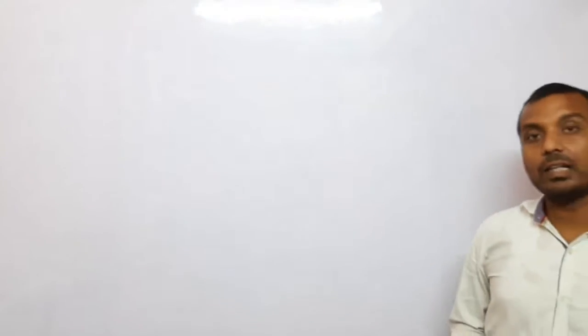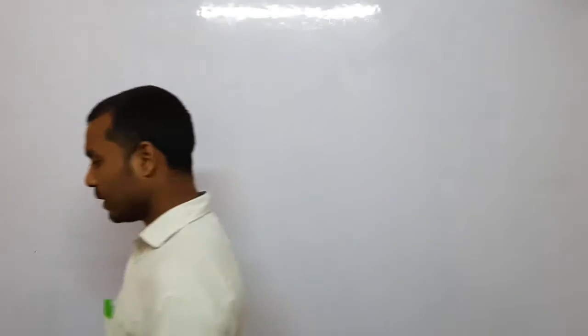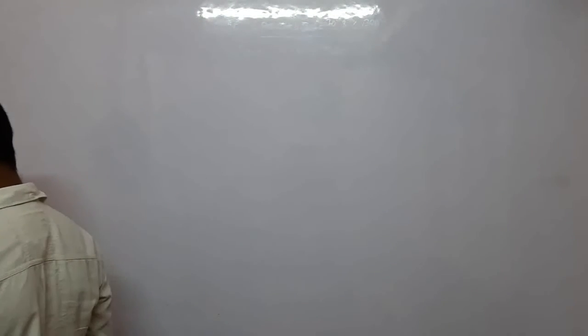As you all know, we have discussed linear equations in two variables in our previous classes. Today we will follow up the same topic and discuss some more questions related to our elimination method. Okay, let's see our question, student.